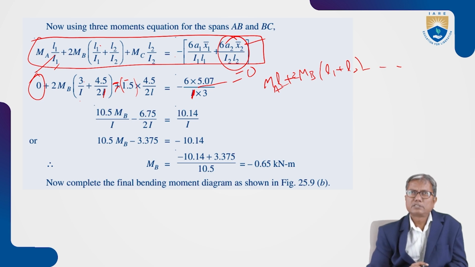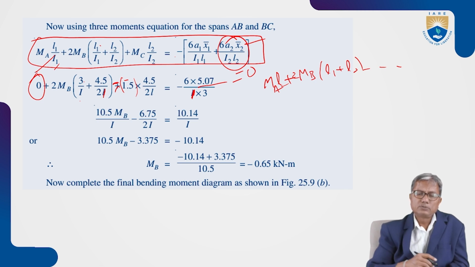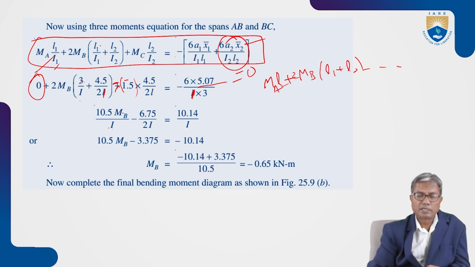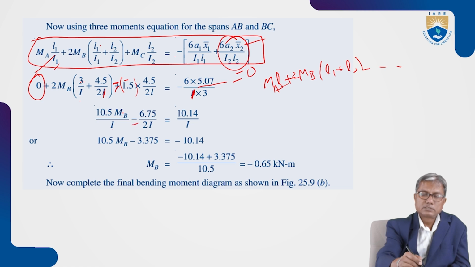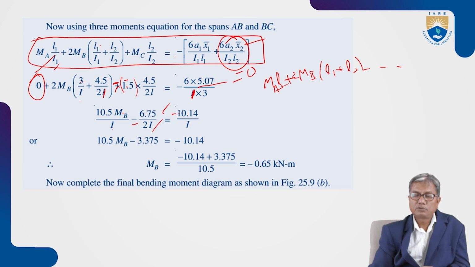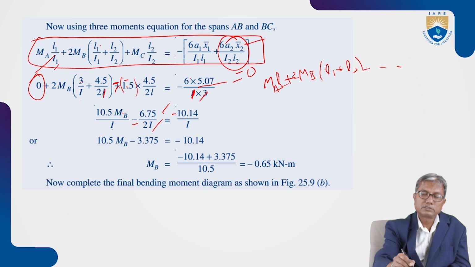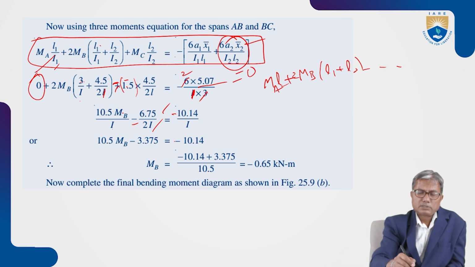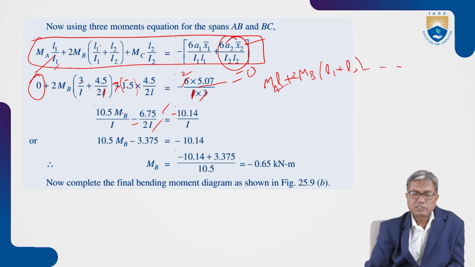The only unknown here is the bending moment at B, the moment at the intermediate support B. So this becomes 10.5 MB by I, and this is minus 1.5 into 4.5 by 2, equal to minus 10.14 by I. So I gets cancelled on both sides.